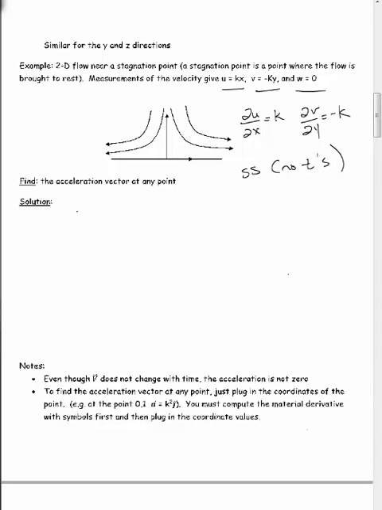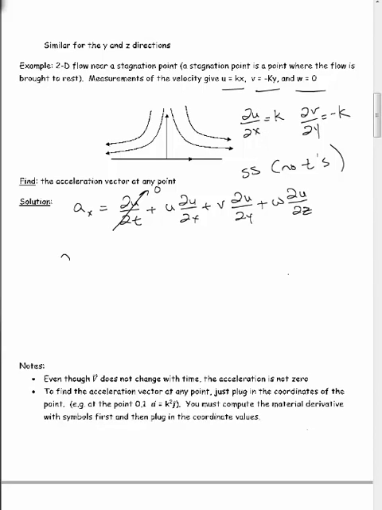So what we're going to do is say, ax, we want to break it into components just like we did before. Well, that's du dt plus u du dx plus v du dy plus w du dz. And if we look at this, du dt, no t's in here. If we take the derivative with respect to t, 0. If we take the derivative with respect to x, we're going to get k.